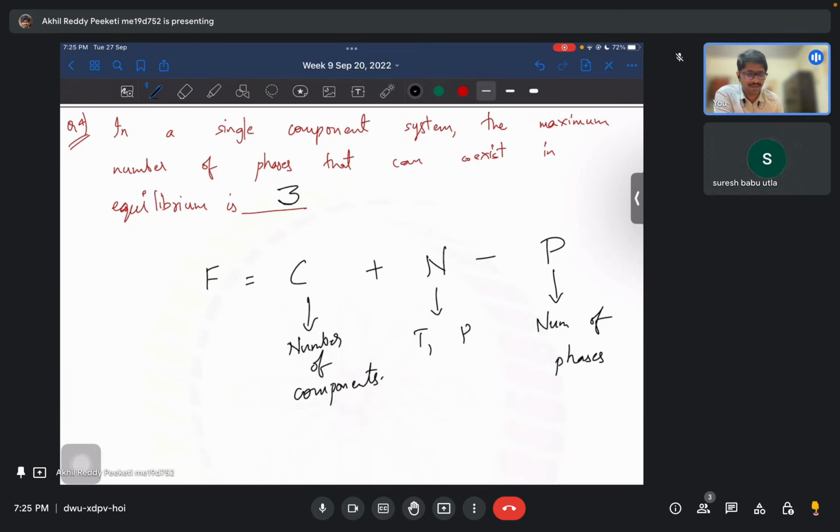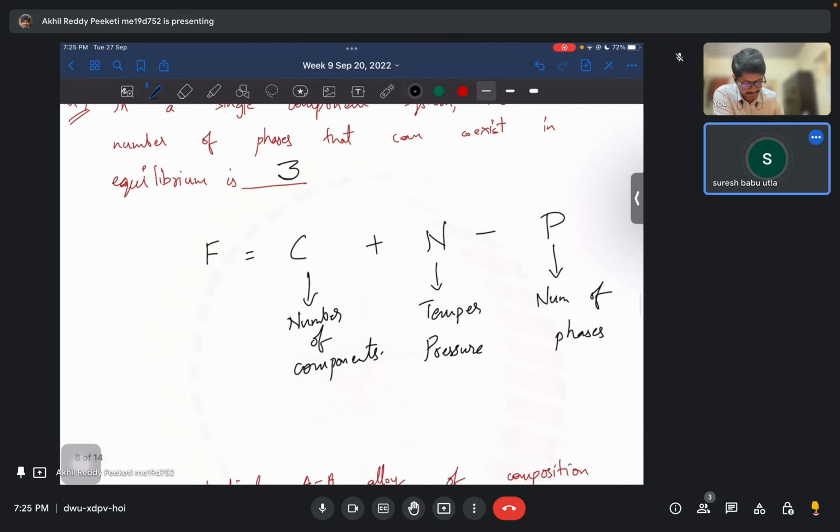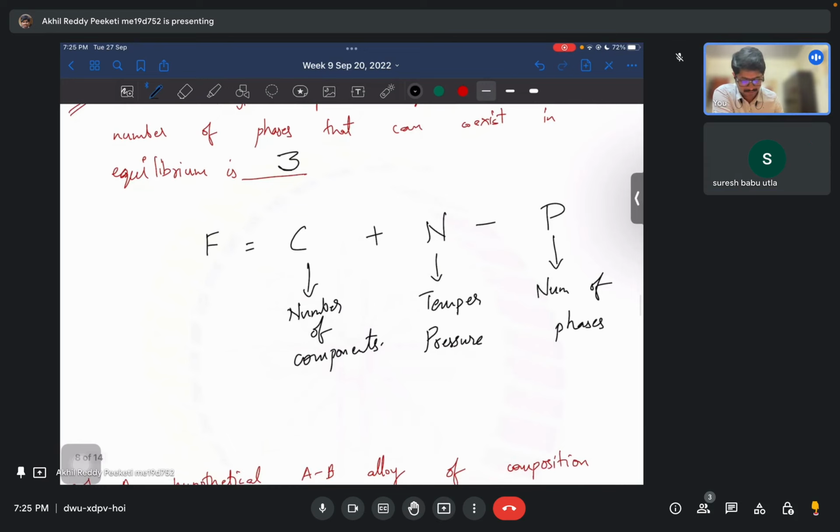Number of non-composition variables like temperature and pressure. So pressure will come only in gases or liquids, because when we are taking metal alloys, the pressure doesn't matter, because we do everything at atmospheric pressure. Okay. Please remember that also.